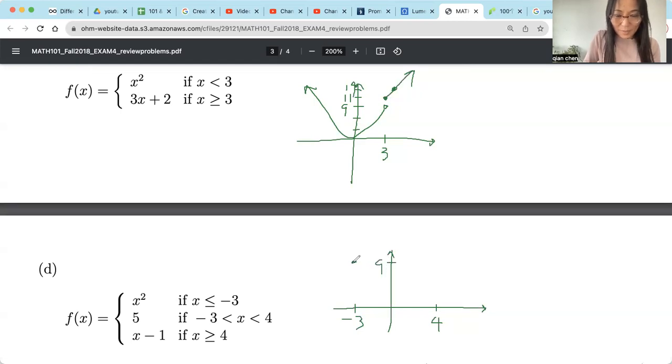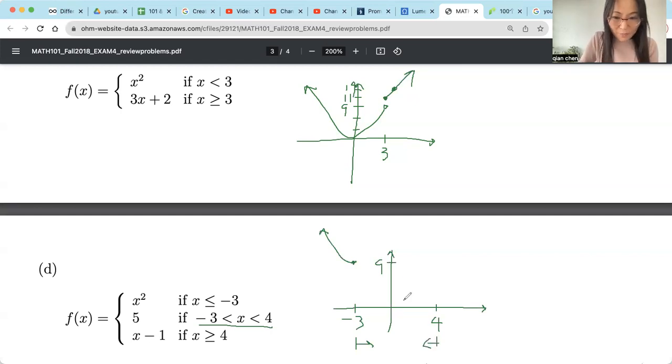So I make a solid dot, right? And remember the quadratic function graph looks like this, right? Make a solid dot on this. This is quadratic. Then from -3 to 4, that means from here up to 4. Not including those 2. So I have to make 2 circles on both ends.